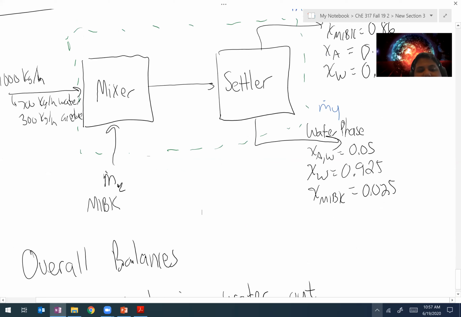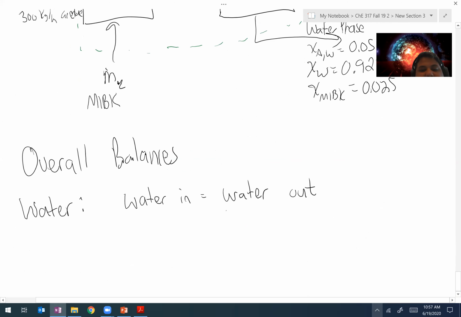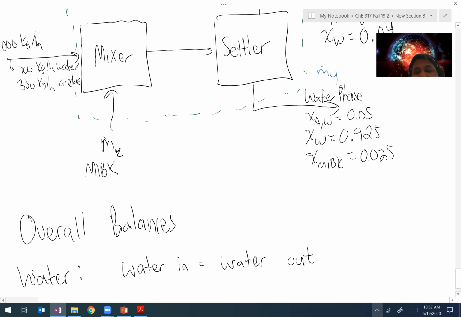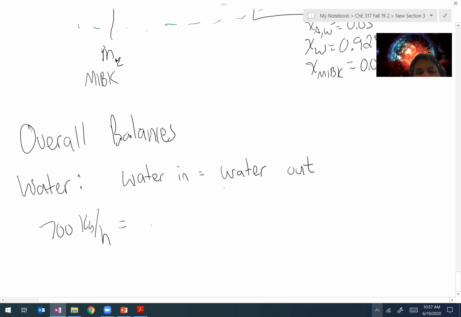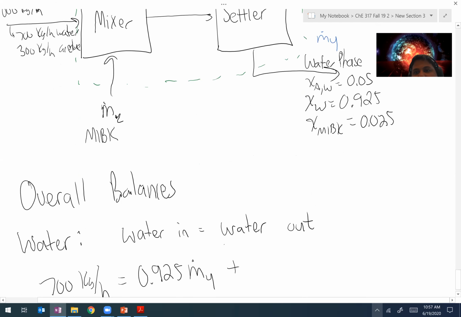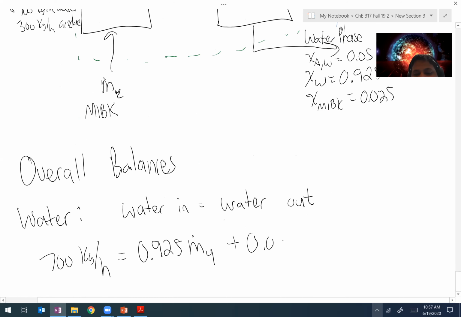And my water only comes in on that first stream, or 700 kilograms per hour. That has to equal the mass fraction in the water phase, or 0.925, times M4, plus the mass fraction in the MIBK phase, which was 0.04, times M3.